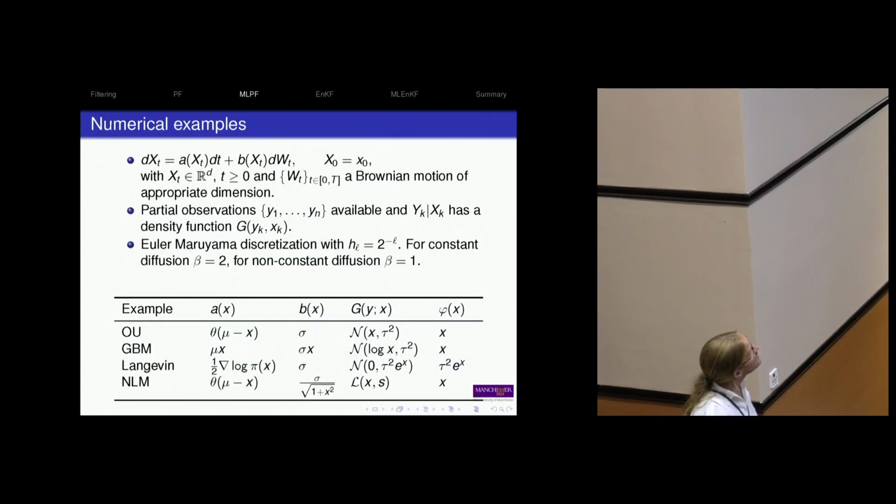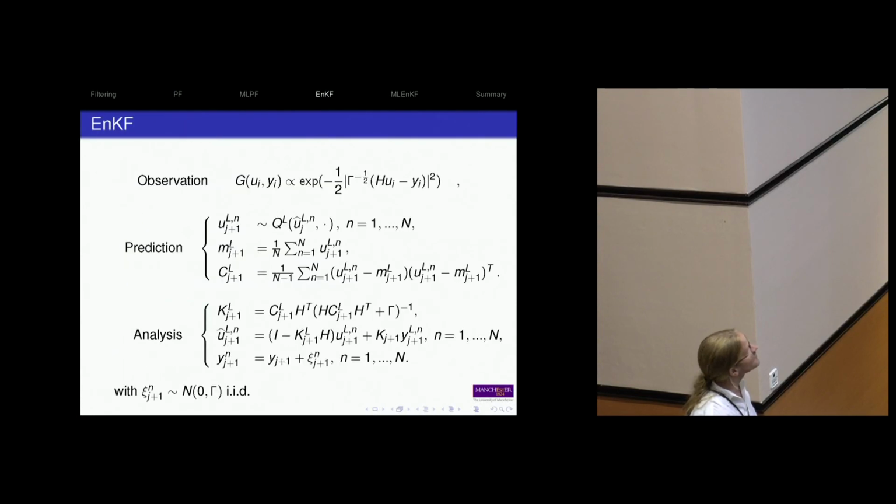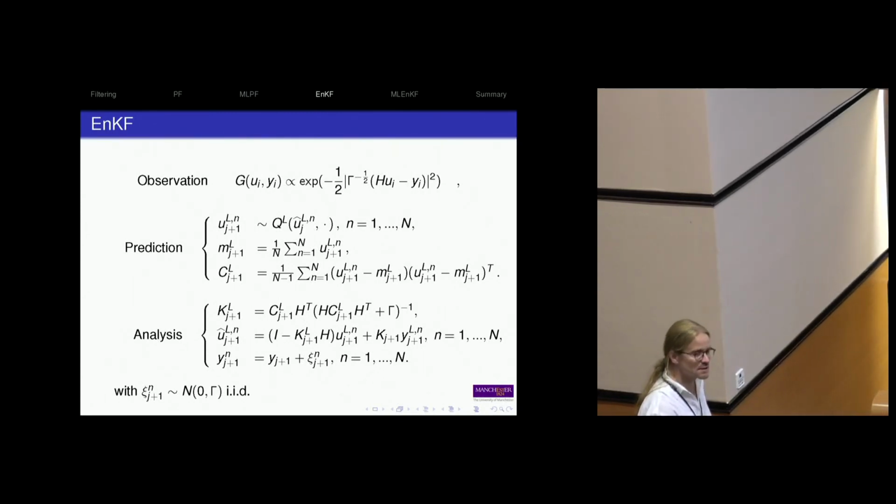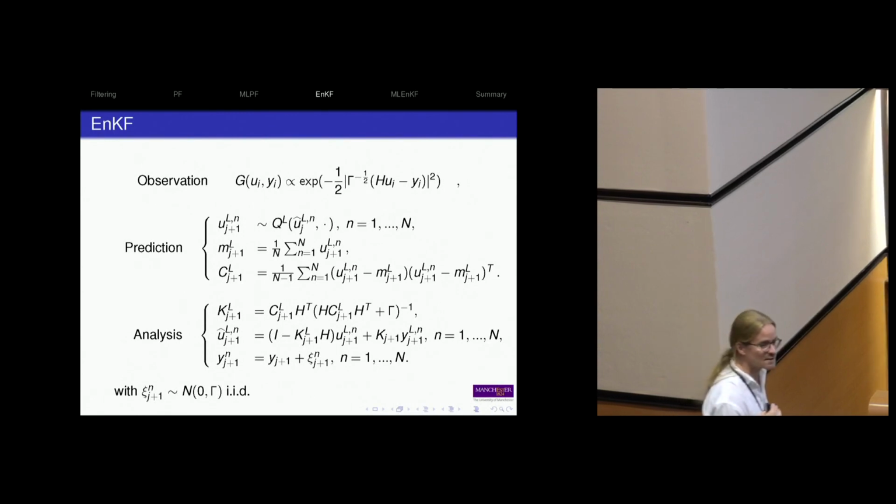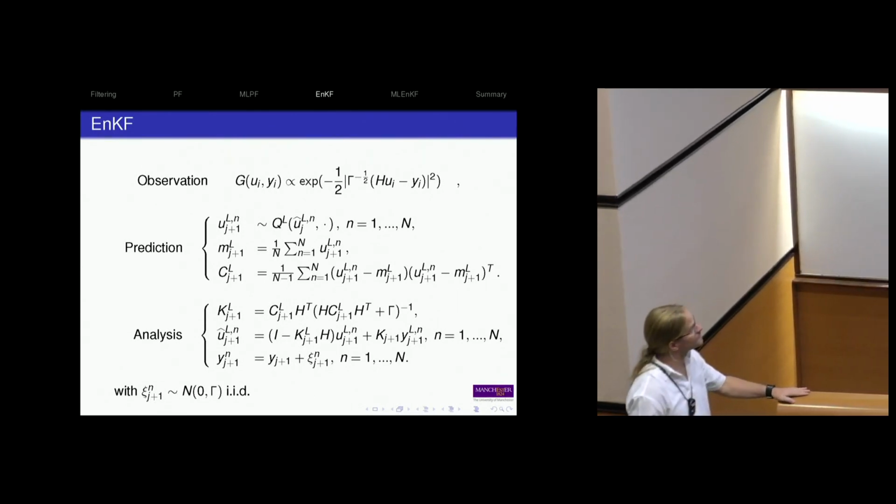And maybe I changed from x to u, I apologize about that. So the state now is u. So the EnKF looks like this. This is, by the way, the stochastic EnKF, as opposed to the square root or deterministic type EnKF.